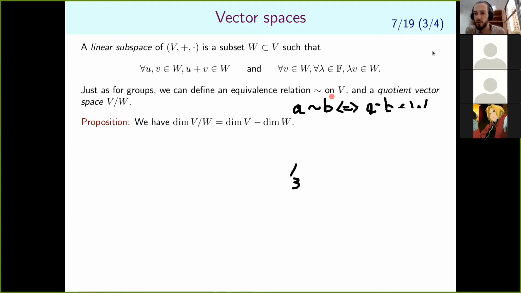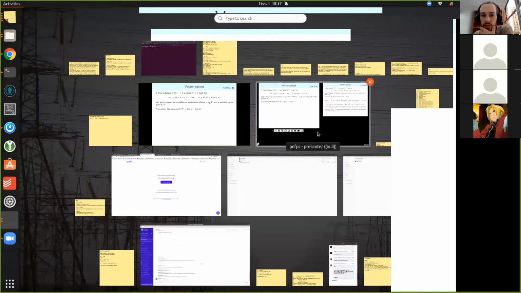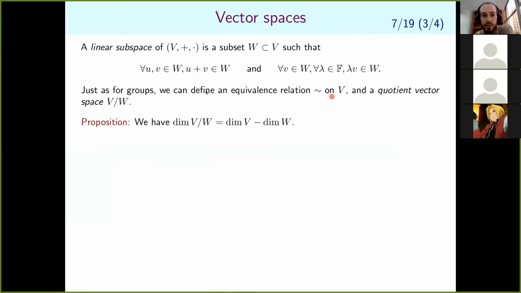You can consider the quotient set, and this quotient set can be given a vector space structure. You can define a plus operation and a dot operation. And this quotient vector space, I will write it V over W.